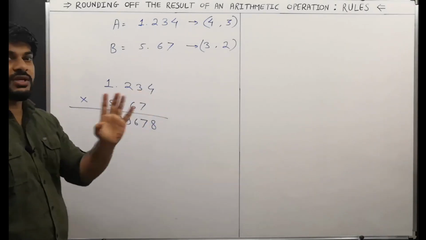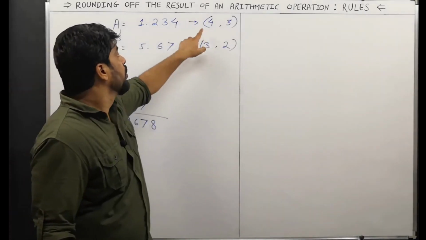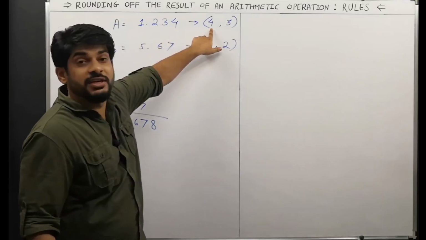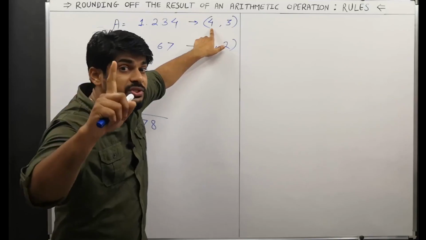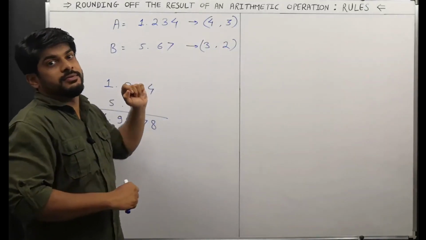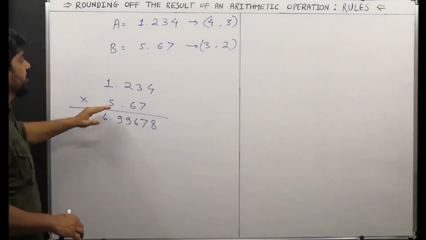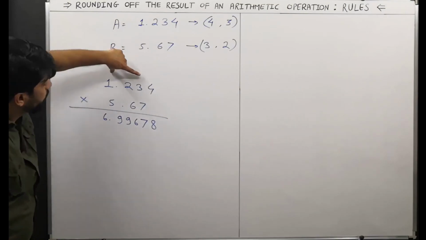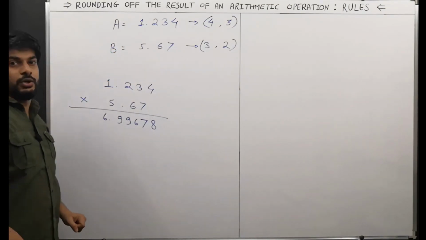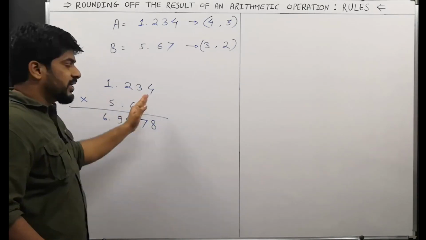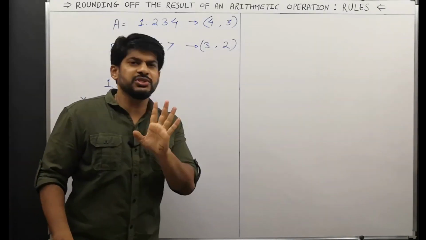All these digits, or the number of significant figures, talk about the precision of the instrument. Here we have got 4 significant figures, here we have got 3 significant figures. So these digits talk about the precision.